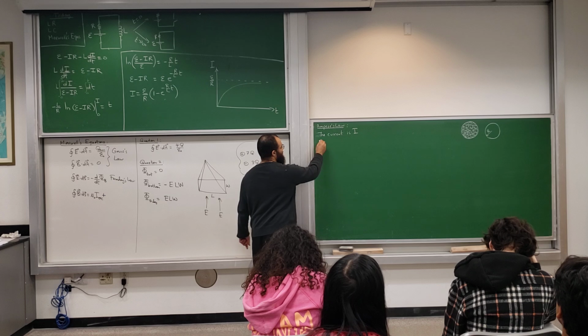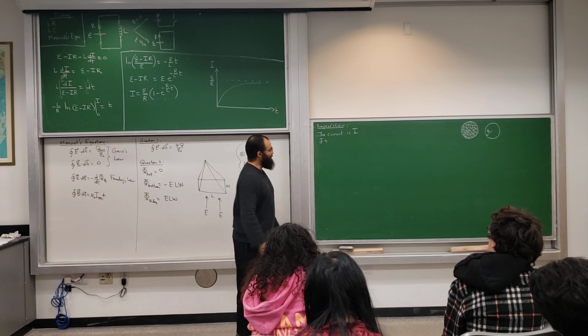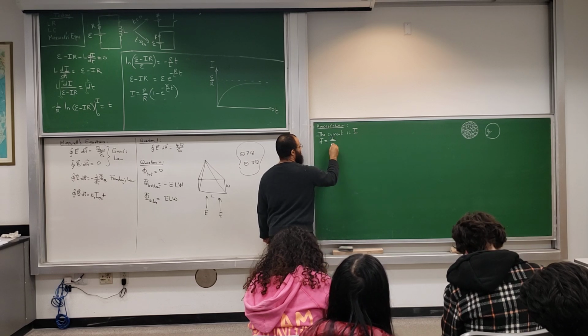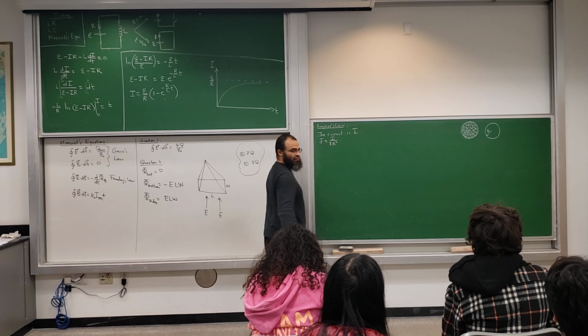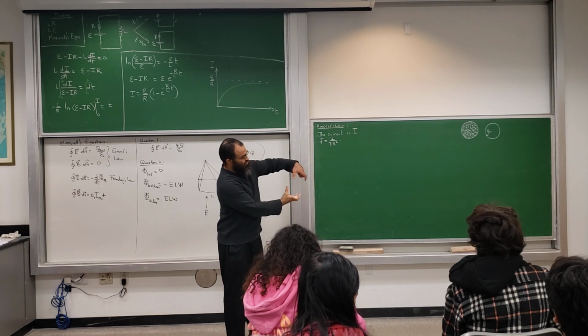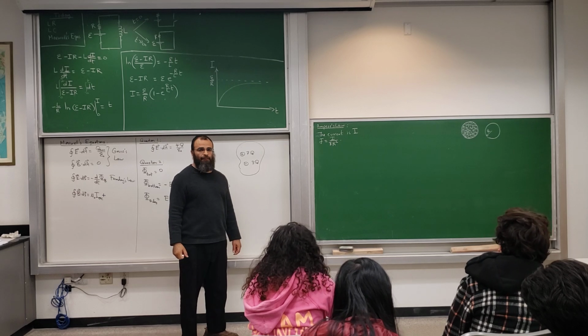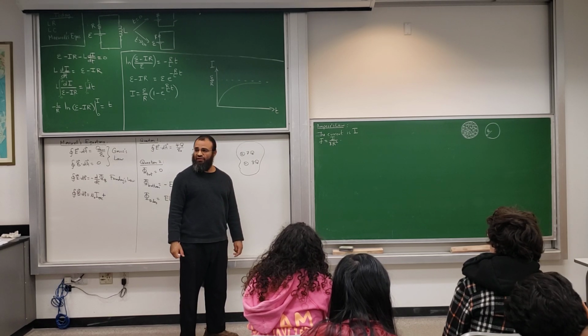So who can tell me what J is? I over A. Good. It's the current over the area, and the area is the total area, which is pi R squared. It's a wire, so the cross section is a circle. So that is J.